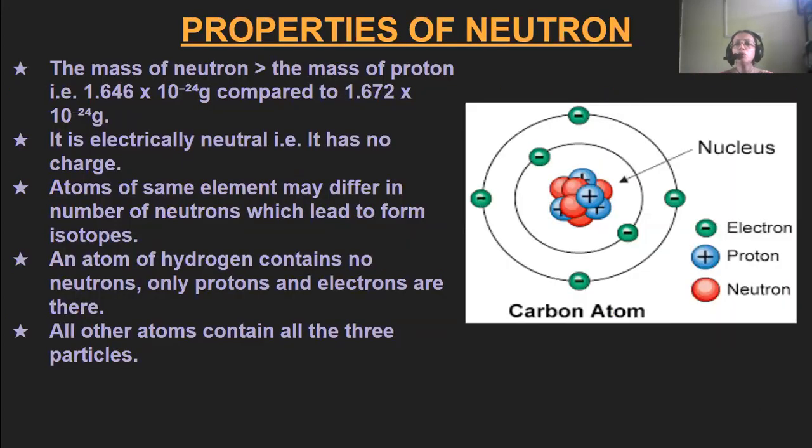Okay. Now, the properties of the neutron. The mass of the neutron is slightly greater than the mass of the proton.